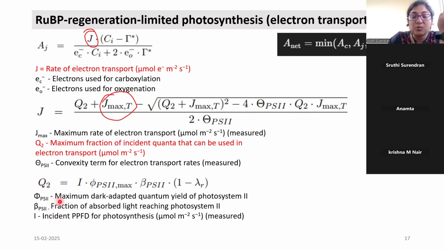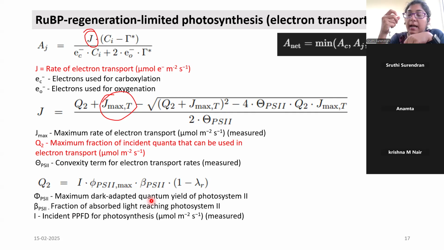Phi PS2 is a term that is giving us the dark adapted quantum yield of photosystem 2. It comes as a part of chlorophyll fluorescence. I will not be going into the theory of that part for now. But when you say a leaf is dark adapted, it means that you're putting the leaf in a condition where it is not receiving light at all.